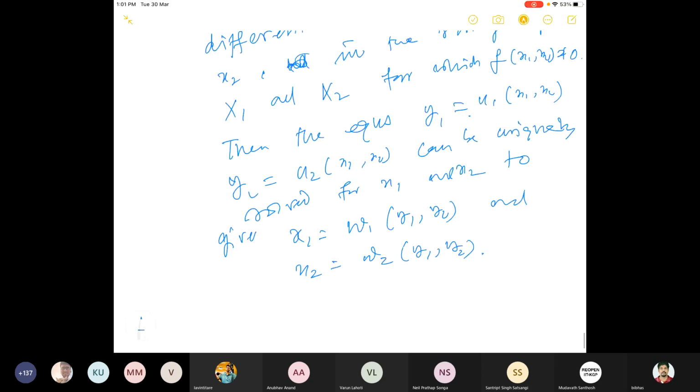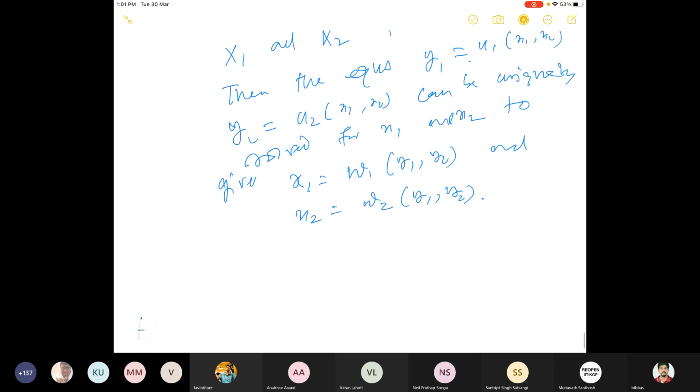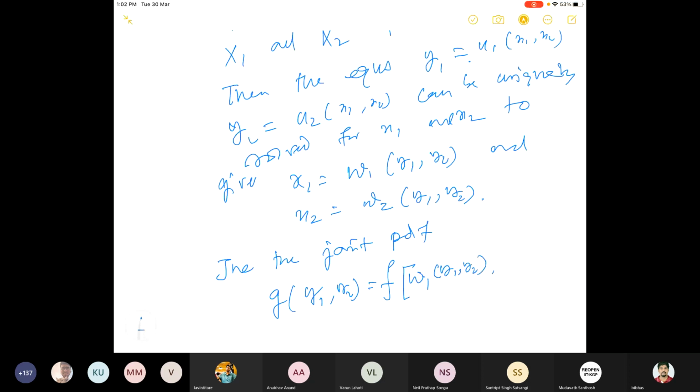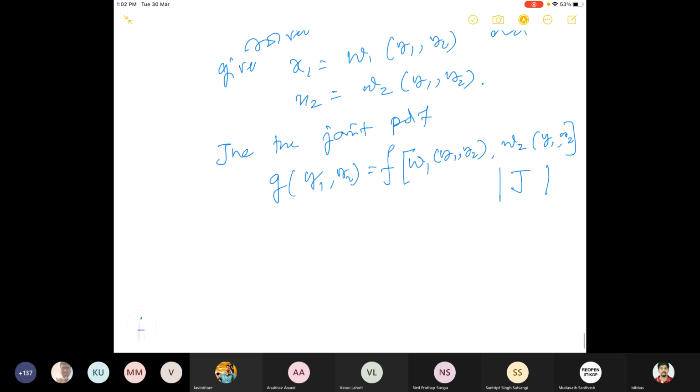And for these y1 and y2, the joint PDF is given by g of y1, y2, which is the same thing, f of w1 of y1, y2 comma w2 of y1, y2, times the mod of J, where J is the Jacobian of the transformation.